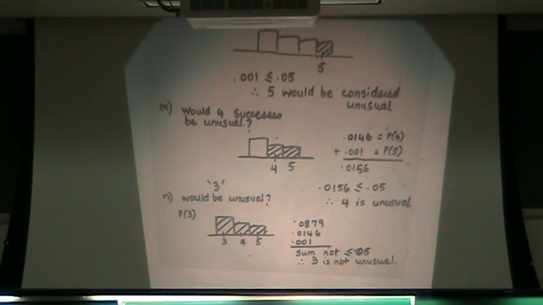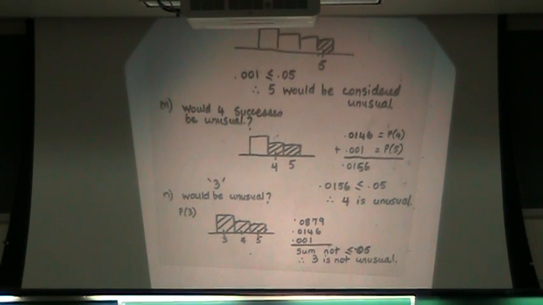How about unusually low? I want you to tell me right now if 2 would be an unusually low value for this problem. See, luckily for us, we've already found all the probabilities, right?